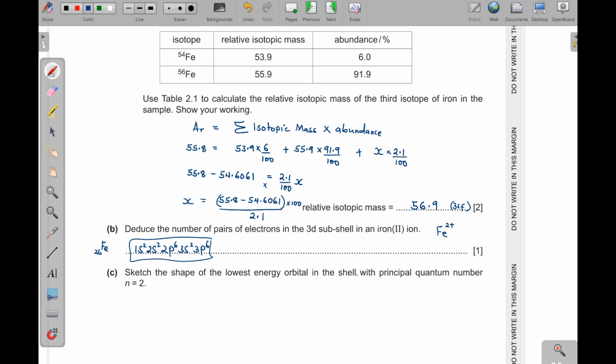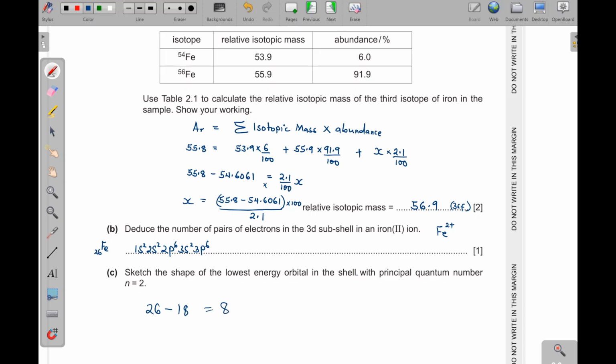This is the argon electronic configuration. Now, how many are remaining? We have 26 minus 18, because there are 18 electrons there. We shall get 8.